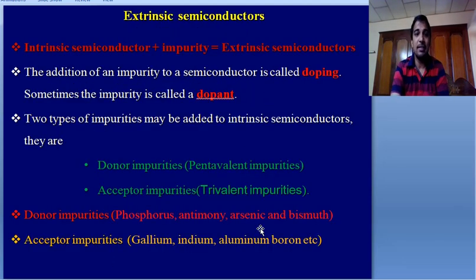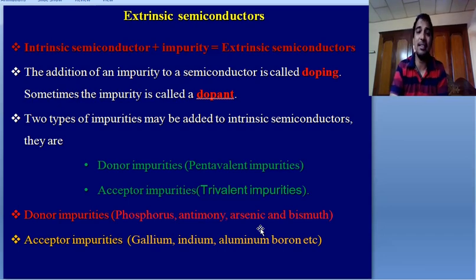The next slide, the second type, extrinsic semiconductor. Why do we go to extrinsic semiconductor? Intrinsic is there, it can conduct current. In an intrinsic semiconductor, electricity can pass through both electrons and holes. Okay, good. But the concentration level is less and not sufficient. We need some more charge carriers.